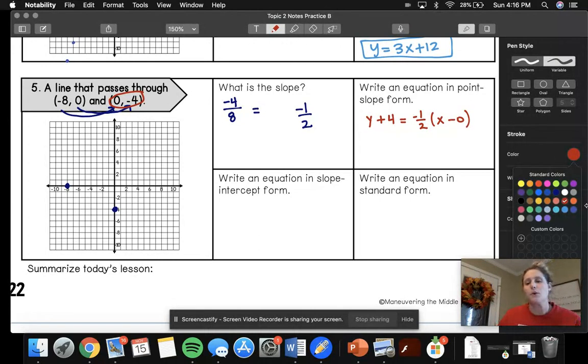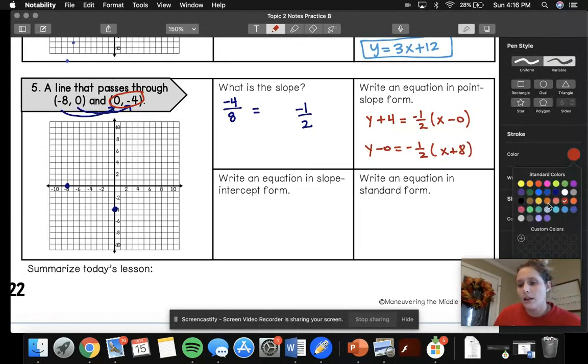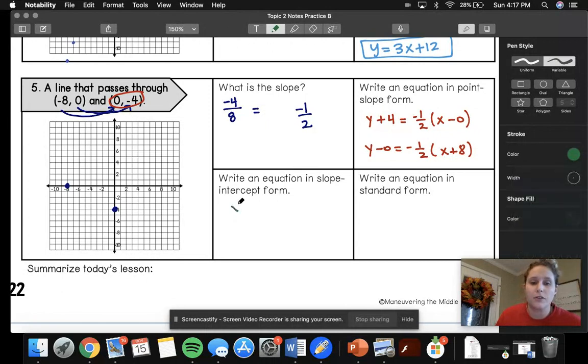So I have y plus 4 equals -1/2 x plus 0. If you did do the other one, it would be y minus 0 equals -1/2 x plus 8. Okay, both will get you the same thing. Okay, in slope-intercept form, we could solve for either of these, and however you solve it, you should get y equals -1/2 x minus 4.